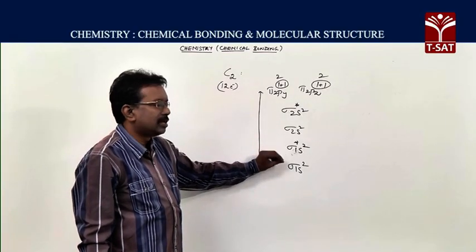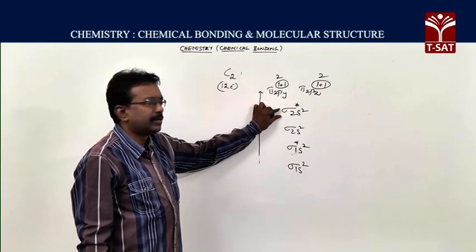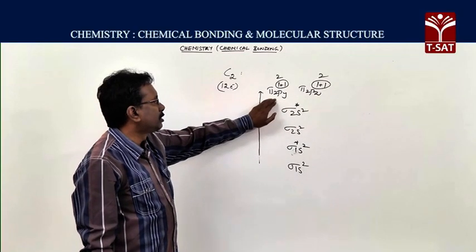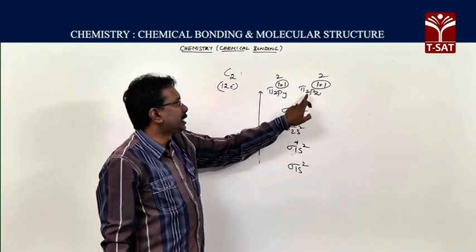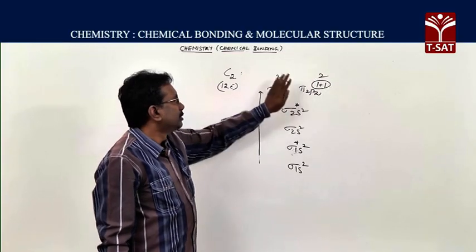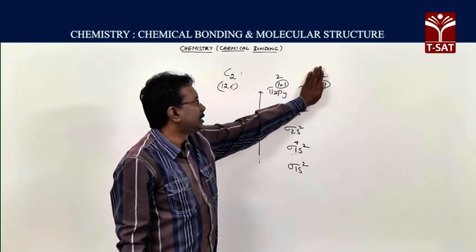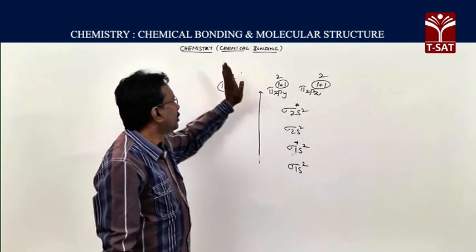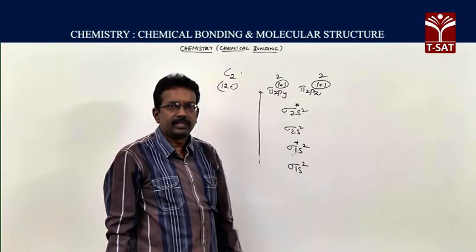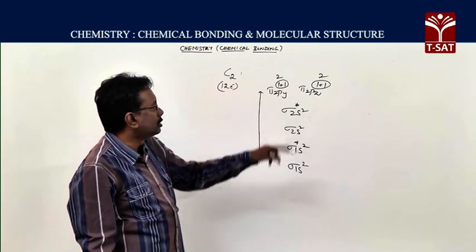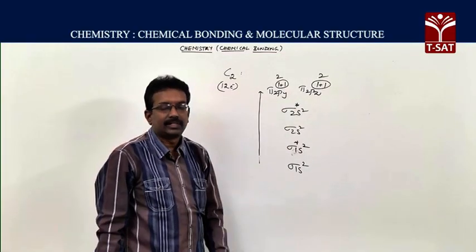So, both cancel out, stabilization and destabilization cancel out. But if you observe here, 2 electrons in π2py orbital, 2 electrons in π2pz orbital. So, this leads to one bond, this leads to another bond. Overall, if you observe the C2 molecule, it contains 2 bonds. But the important point is both show pi character.